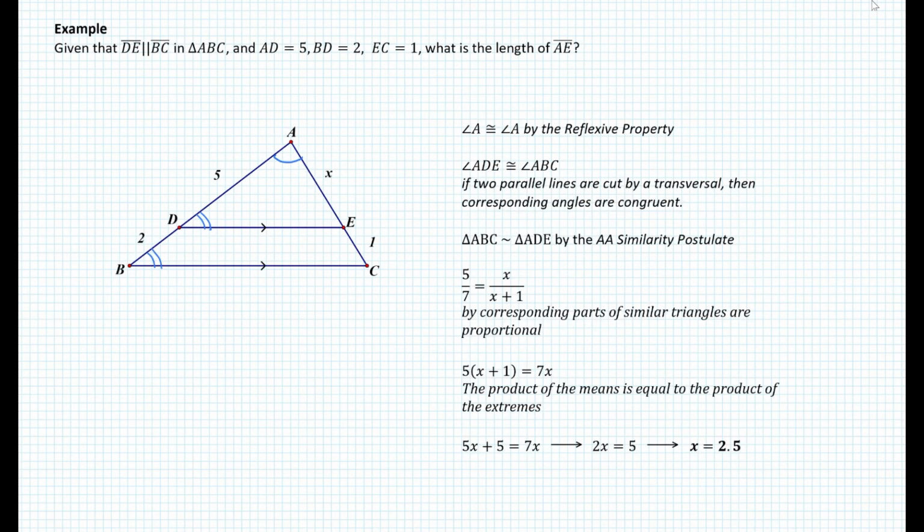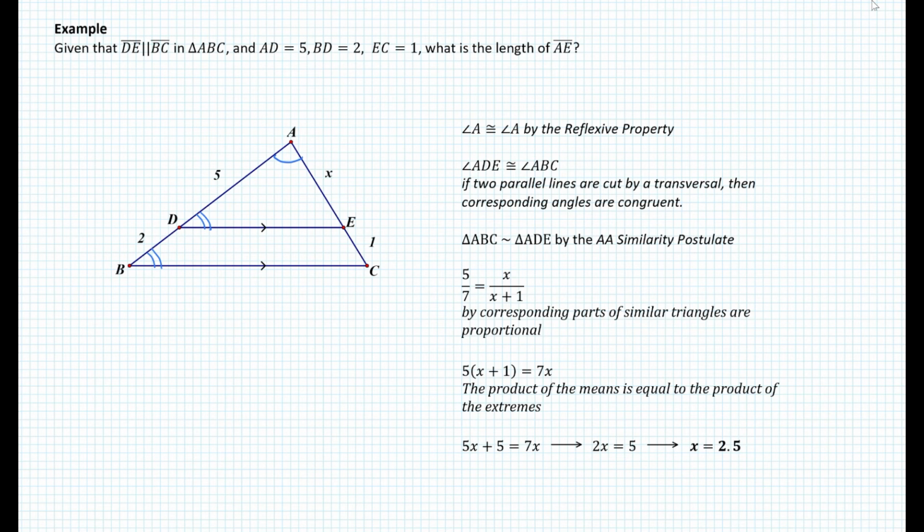So here we obtain an x value equal to 2.5. Now, if we look at the value 2.5, we can actually figure that out in a different way. If we look at segment AD and segment BD, we know that those are 5 and 2 respectively. So it turns out that we can also do the following proportion. We can also say that 5 over 2 is equal to x over 1.